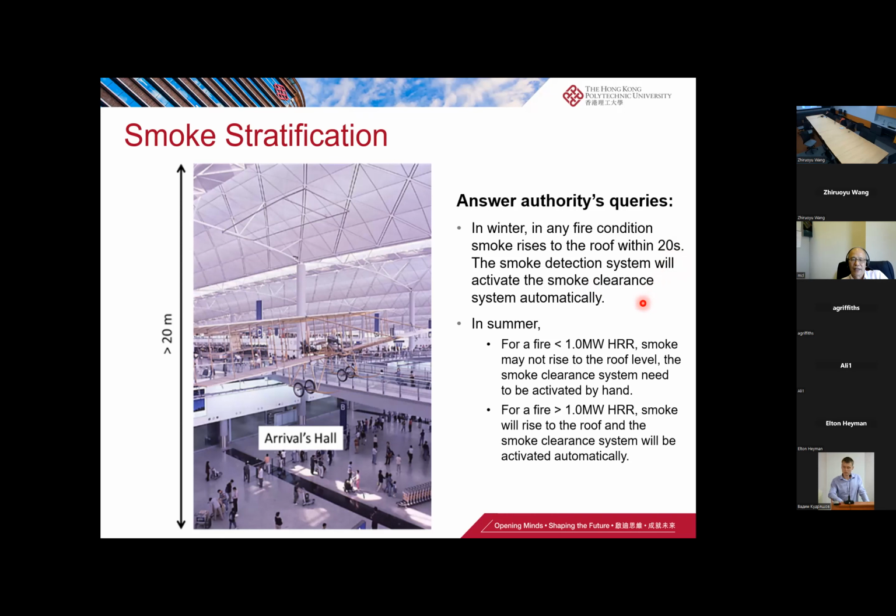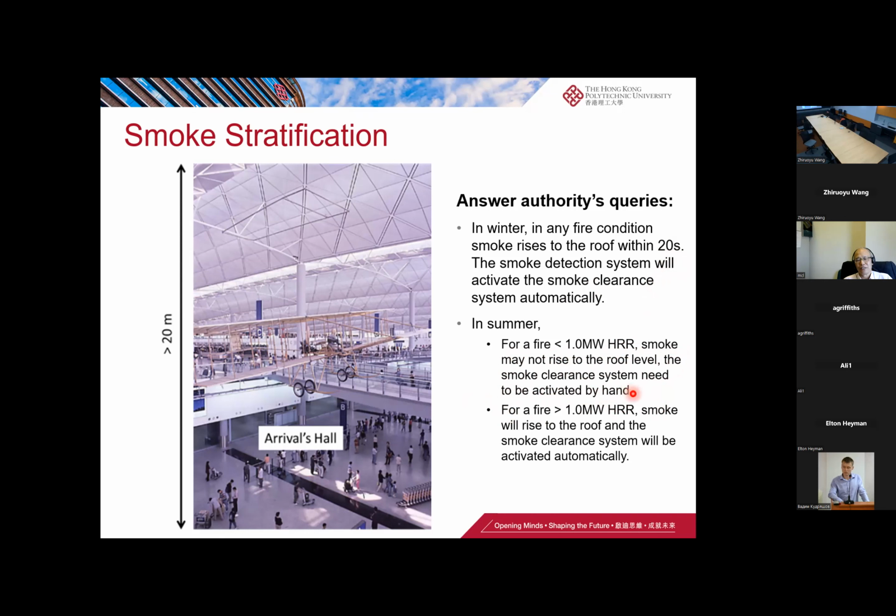For summertime, if the fire is less than 1 megawatt heat release rate, the smoke may not rise up to the roof, and the smoke clearance system needs to be activated by hand, because the authorities' major concern is how this system can be activated.